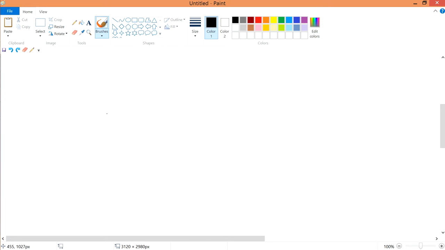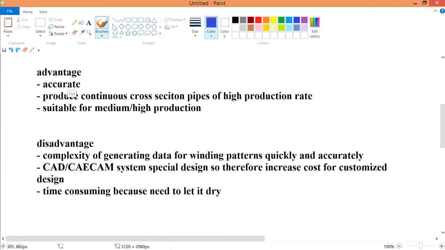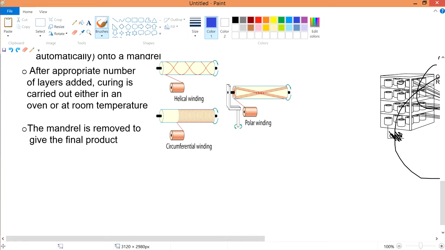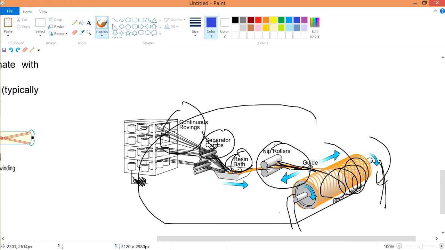So let's talk about the advantage first. The advantage is accuracy, because it's kind of a computerized system. Over at this part there will be a certain guide, or this whole system, we call this the shuttle, I think. This portion is more of a computerized system, and this is also computerized, controlling how fast you're going to turn the rovings, because your roving is going to be fed in over here.